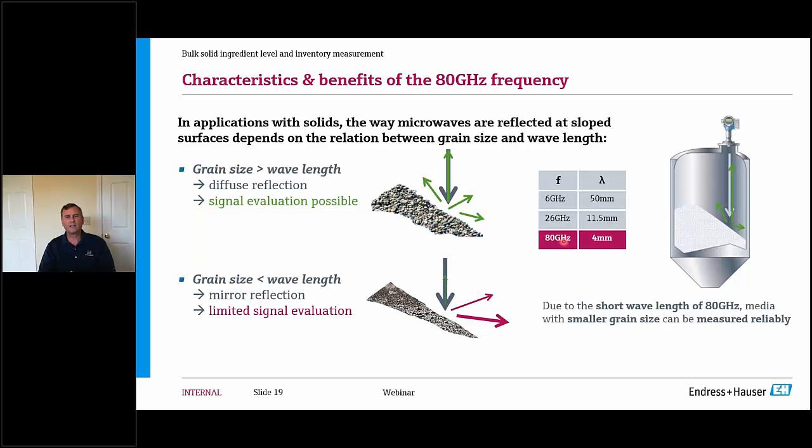Now, ultimately with the 80 gigahertz, we're down to 4 millimeters, about 1/4 inch. Even if you have sugar or some other fine surface, you're generally going to get enough reflection because you're going to have a little bit of ripples on that surface. So we're combining the capability of a narrow beam angle as well as the higher frequency, which makes it possible to use free space radar reliably for a lot of solids applications where in the past it simply was not possible.